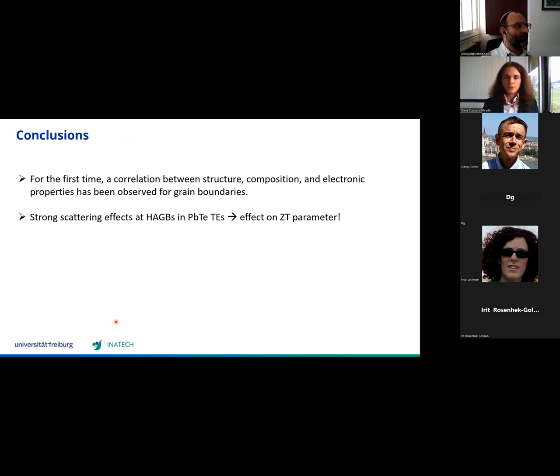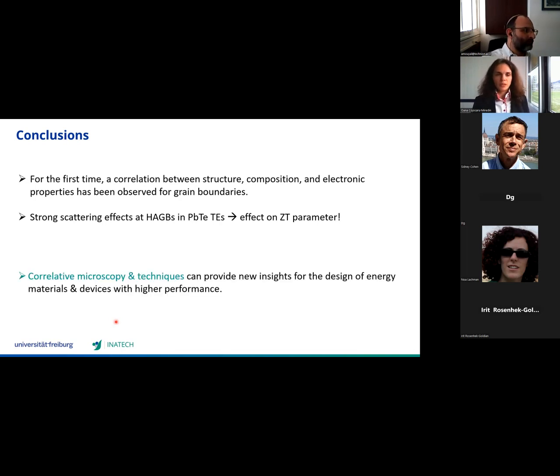And this has been done for the grain boundary. I hope you could also observe the strong scattering effects of the high angle grain boundary for the lattice, and how this affects the ZT parameter. And last but not least, of course, correlating microscopy techniques can really provide new insight for designing materials and devices, and it's really very essential.